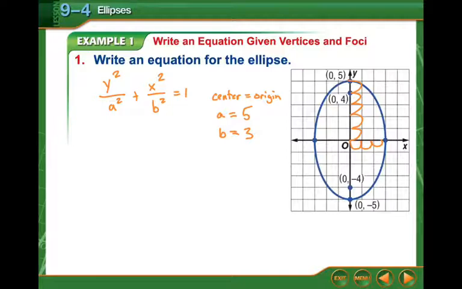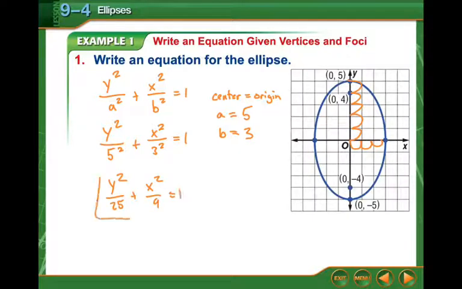So y squared over 5 squared plus x squared over 3 squared equal to 1. 5 squared is 25, so it's y squared over 25 plus x squared over 9 equal to 1. And that is the equation for this ellipse.